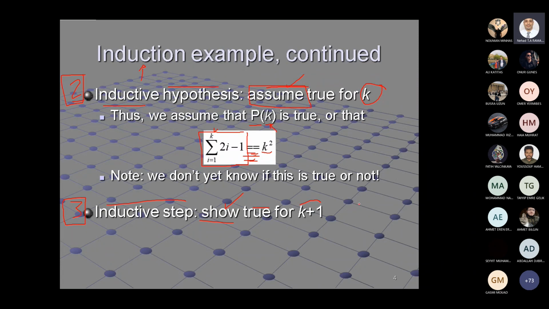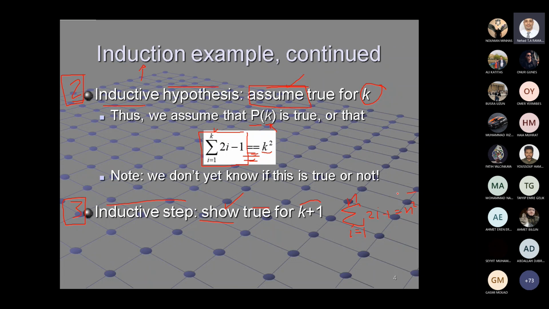So remember, what was the equation? The original one, from the previous page: the summation for i equal 1 until n of 2i minus 1 must be equivalent to n to power 2.